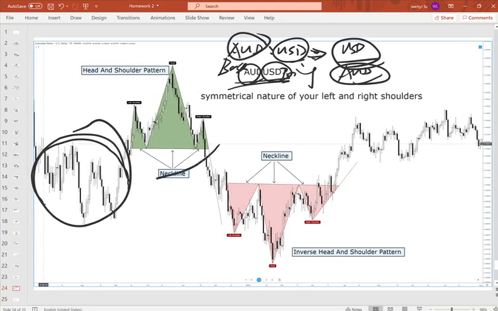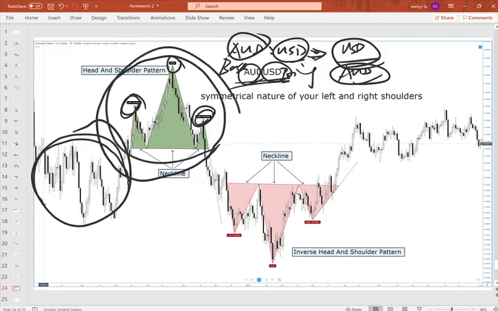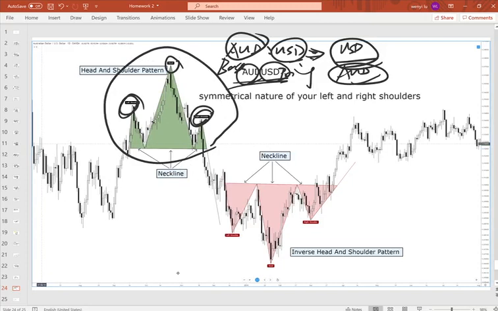Now we can detect a head and shoulders pattern: one head and two shoulders, a left shoulder and a right shoulder. If you see this pattern, the price will reverse the trend. Before the head and shoulders pattern, the price is moving up, then after this pattern the price moves down. It reverses.